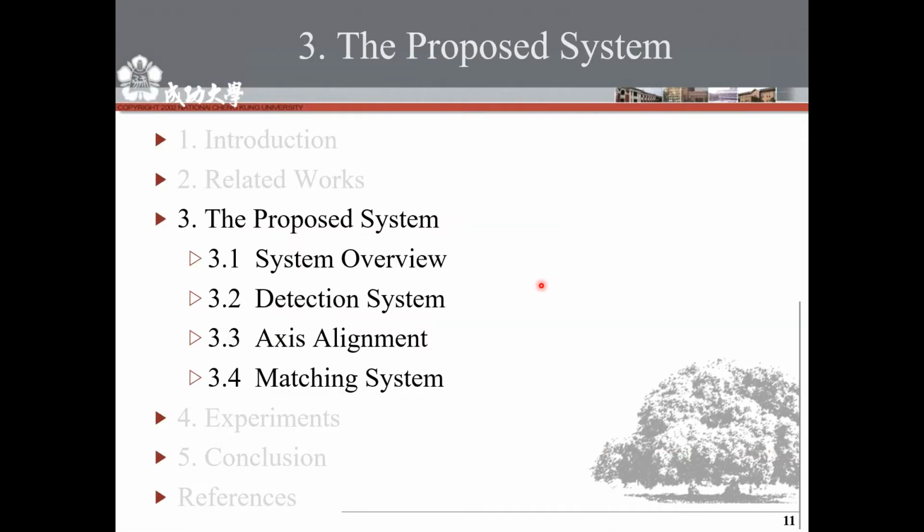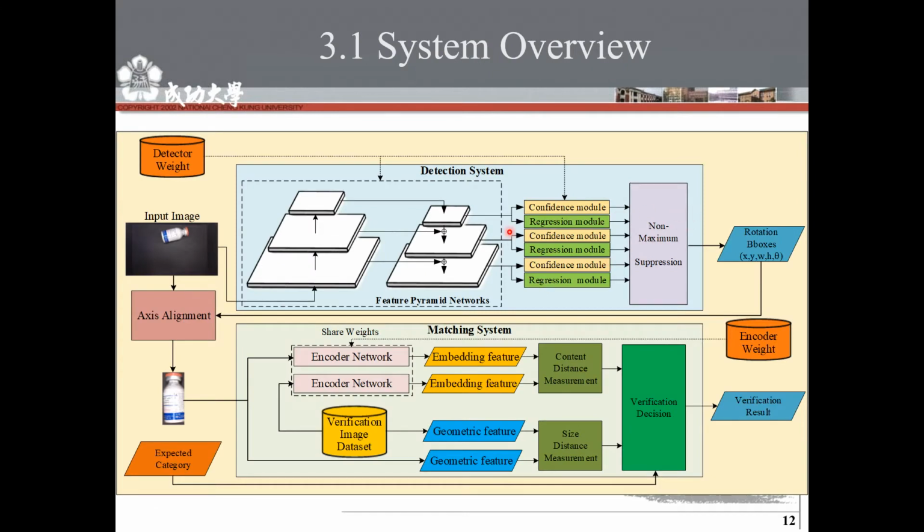And then is the proposed system. The proposed system architecture is shown in the figure. The system consists of two stages. The first stage is a drug detection system based on a deep residual network, and the second stage is a drug matching system based on feature embedding. In the first part, we obtain feature maps of different scales from the input image dataset, and we use a feature pyramid network to merge features of various scales, and we use a confidence module and a regression module for each feature map.